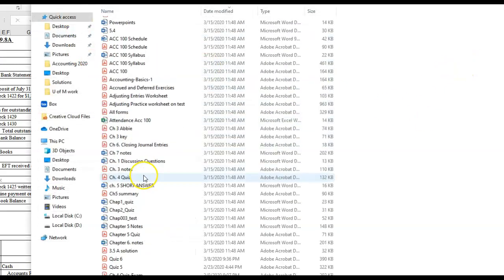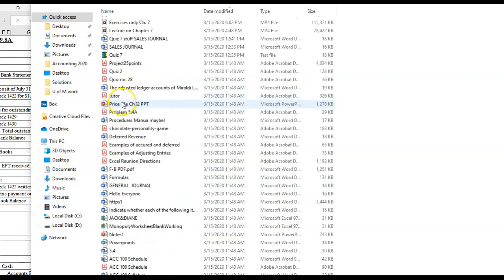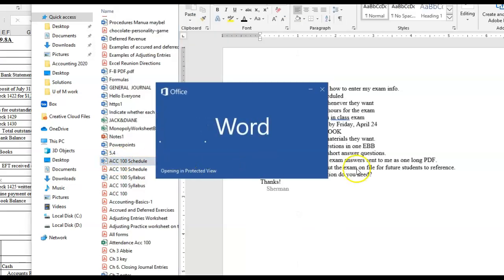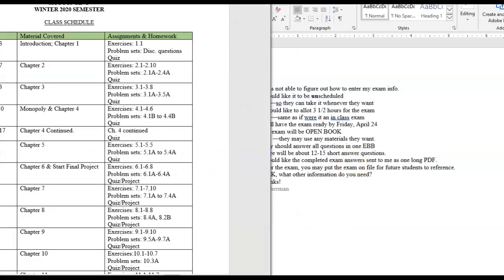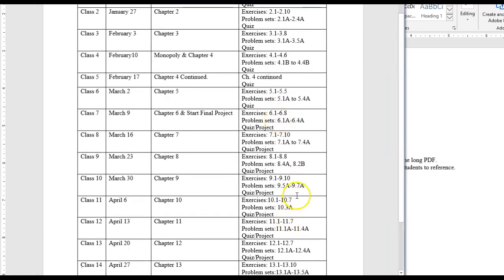And the accounting schedule. Accounting schedule. So looking quickly at this, I'm having you do 9.5a to 9.7a. I'm going to leave out the quiz. I should totally update the syllabus and re-upload it. Okay, so 9.5a to 9.7a.